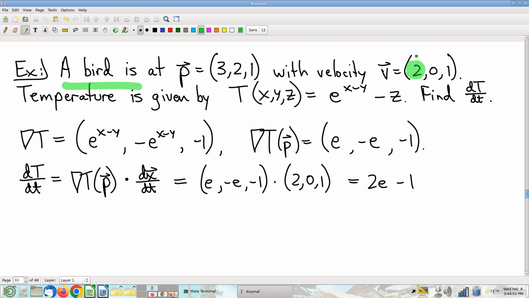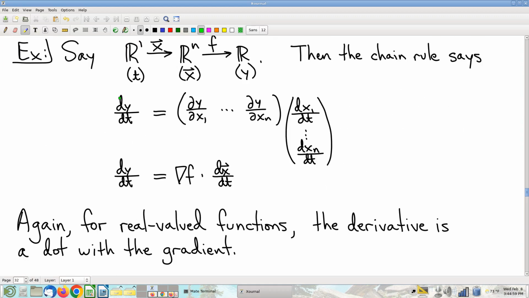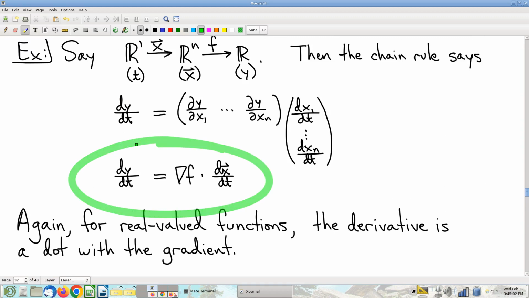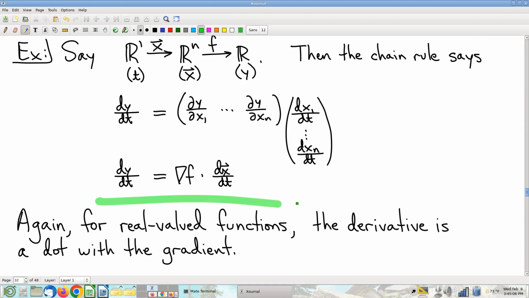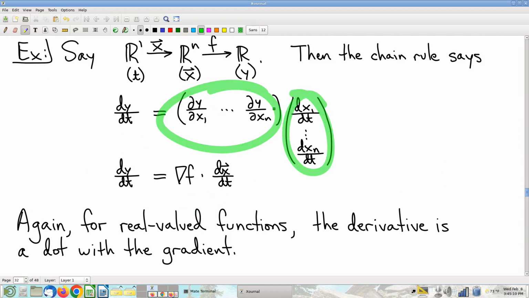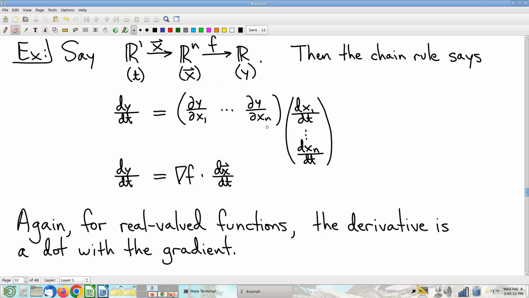So what about the problem made us use the dot product? Oh, wait, it's not that we have to use the dot product, it's that we can use the dot product. So I'm choosing to use this formula right here, this version of the chain rule. And now again, not that I have to, I could write this as a matrix times a vector. But I can instead choose to do this matrix product as a vector dot product. It's just the same numbers.